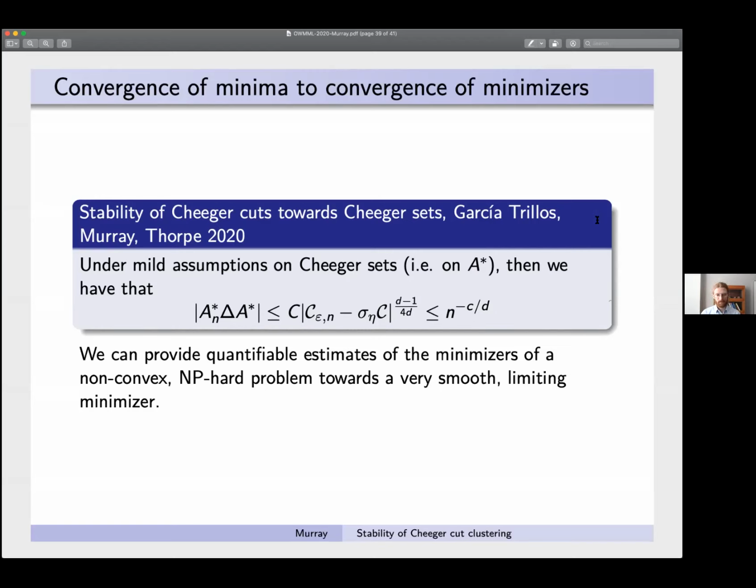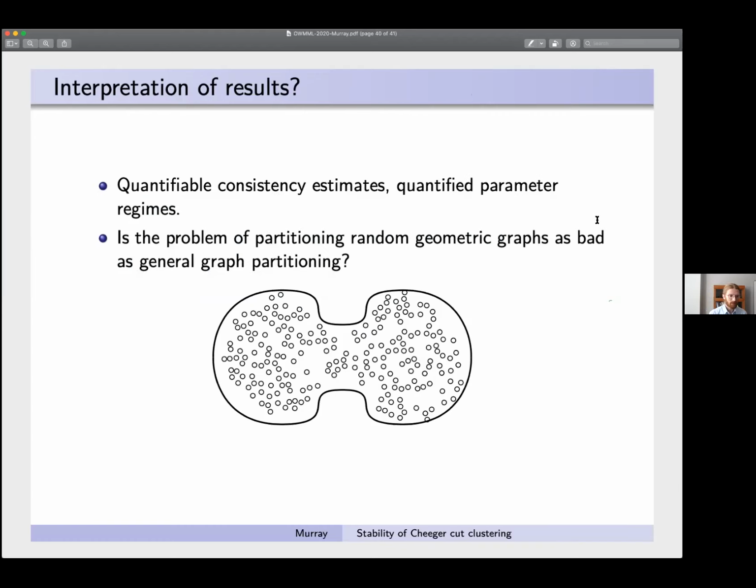So it's this random non-convex variational problem, but we're able to provide concrete rates of how it converges. All right?